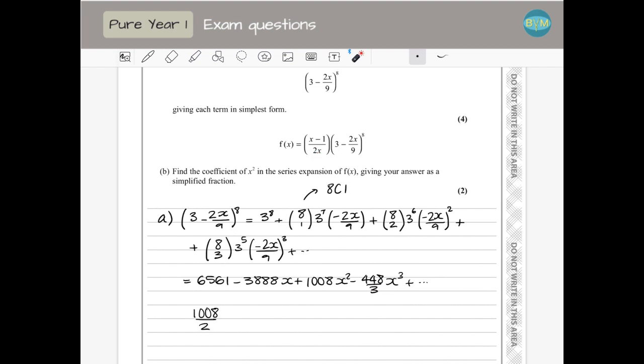So it's going to be minus 1/2, because I'm multiplying by minus 1/2, and then times minus 448, minus 448 divided by 3. And this will be my coefficient of x squared. And this is this value here, simplified in a simplified fraction. And that's it. That's for B. That's all with this question.